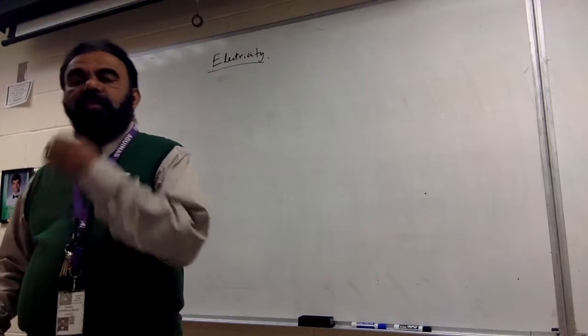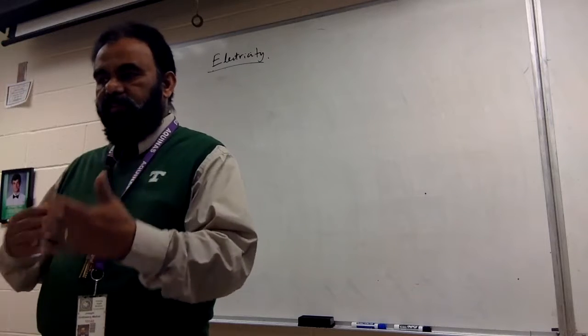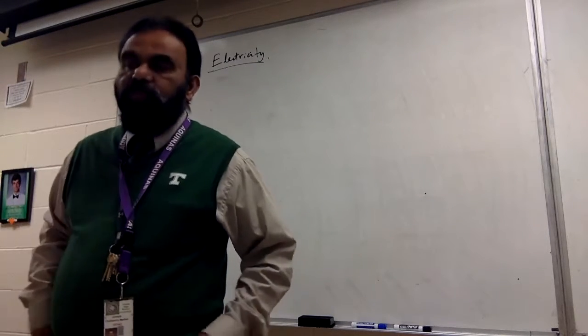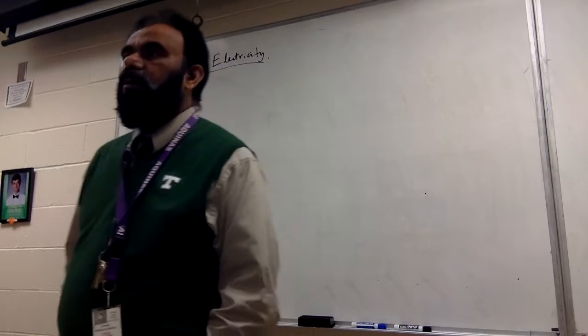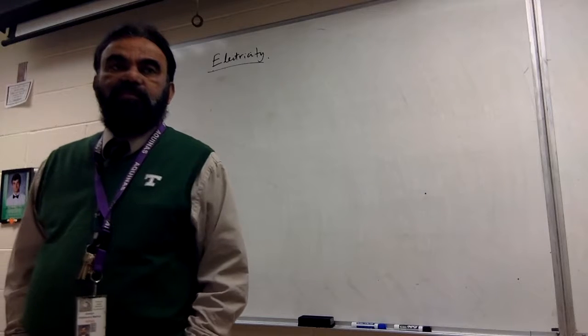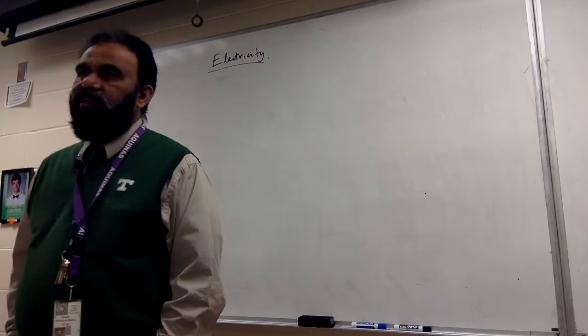Alright, let me give you some foundation on electricity itself so that you will have a better understanding. What was electricity thought of in the past? Initially, people thought electricity was a fluid that can flow from one place to another. How did they come to that conclusion?